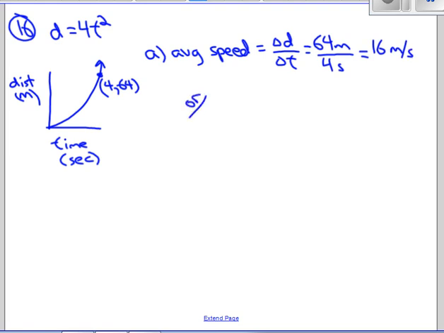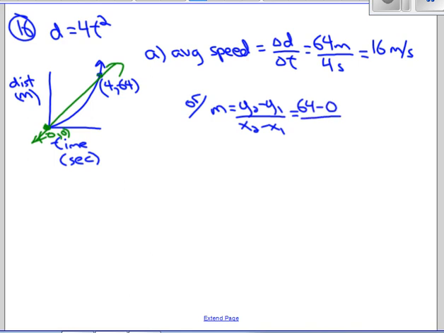Or you could have done it as slope of a secant. That's what average rate of change is. Okay, so we're talking about the point (0,0) and the point (4,64). y2 minus y1 over x2 minus x1, 64 minus 0, all over 4 minus 0 is again going to give us 16. And we have to know that that's in meters per second.